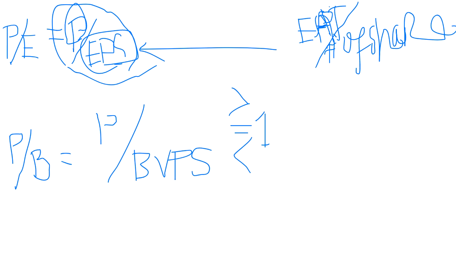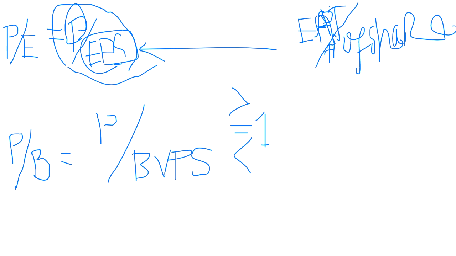But in each case, think about it. Book value and market price would be the same only after the correction, right? If there are positive expectations about this company, the market price will be greater than the book value, right?